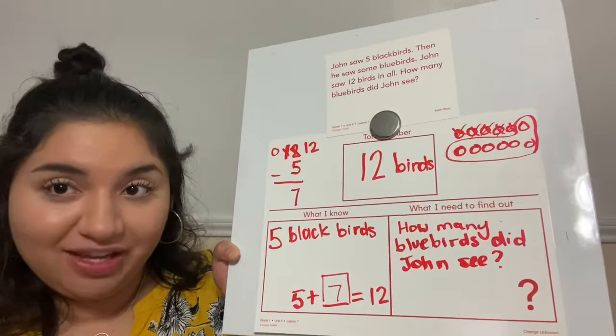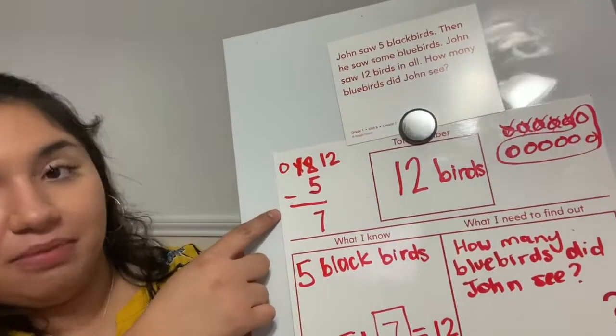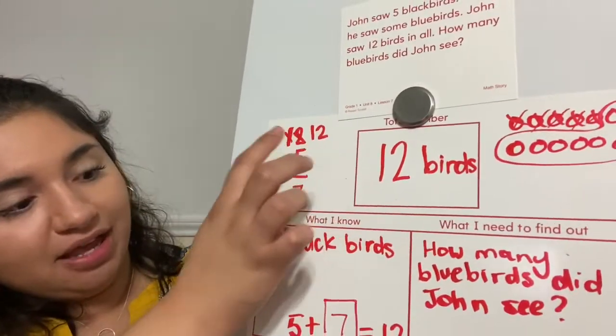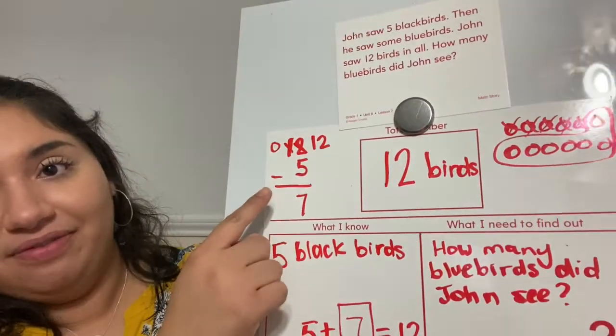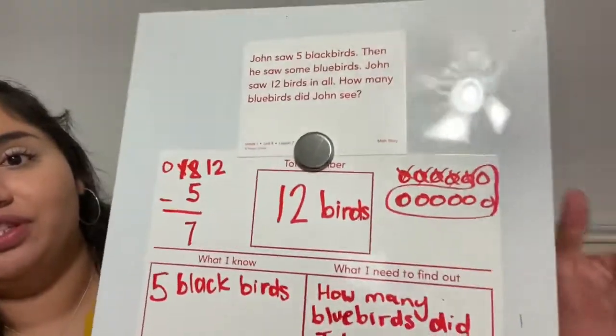Now, in order to figure out what went in that blank, I did a subtraction problem. I took that total, I put it up here, and then I subtracted that first number. So 12 minus 5 equals 7. And I also did it with circles.